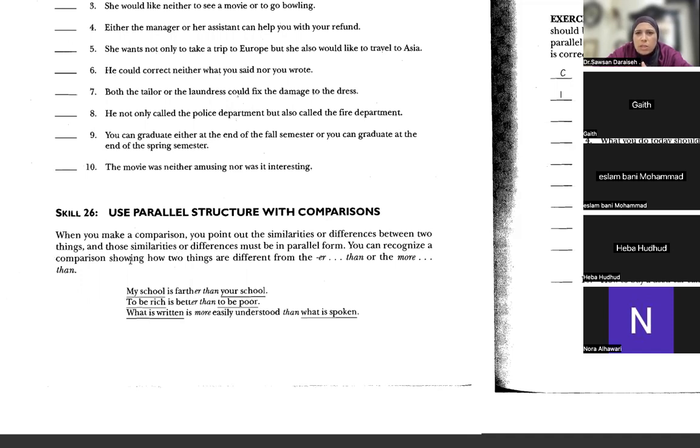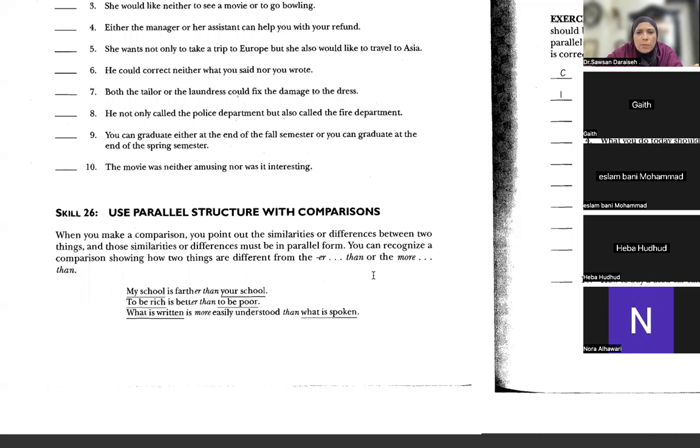Two things. And those similarities or differences must be in parallel form. The things we compare must take a similar structure in the sentence.